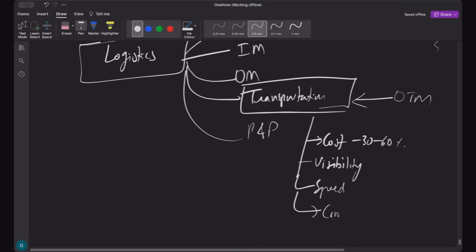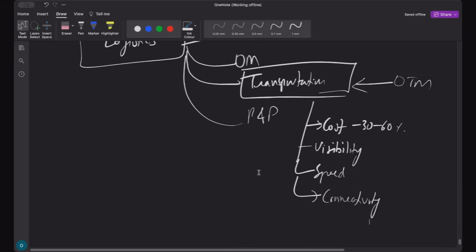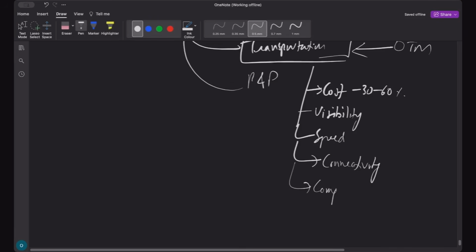Then connectivity. It connects all other logistics activities. It links the supplier to the factory in inbound logistics, links the factory to the distribution center to the store in outbound logistics, and links the customer back to the return center, that is reverse logistics. Then complexity.